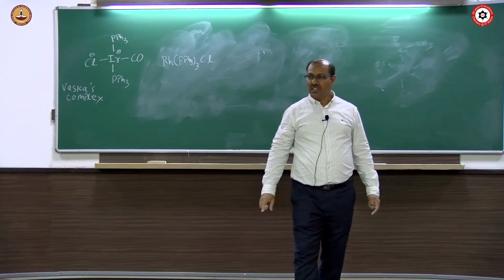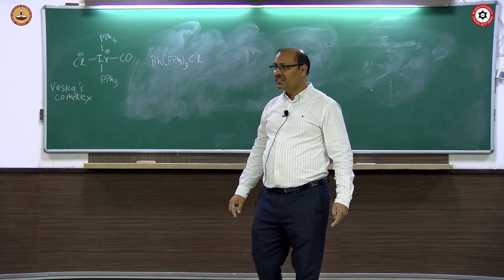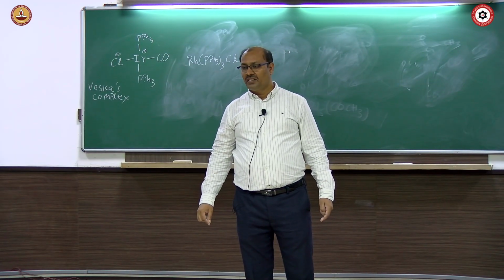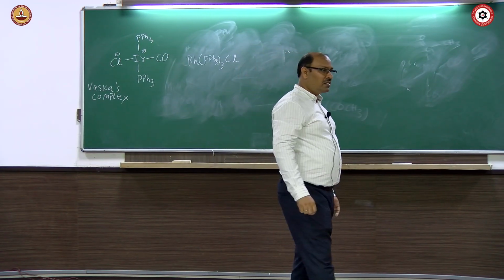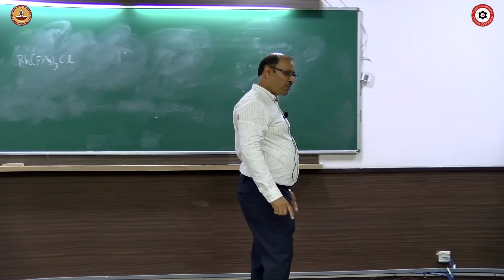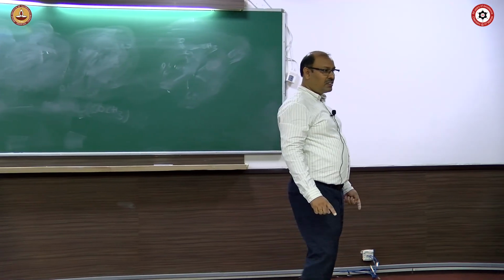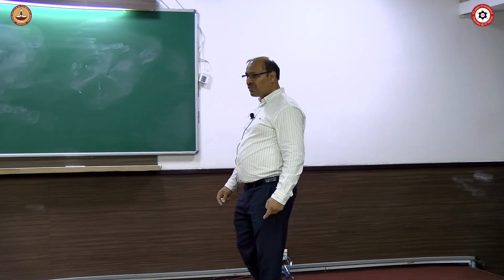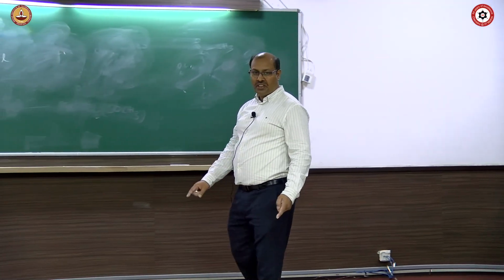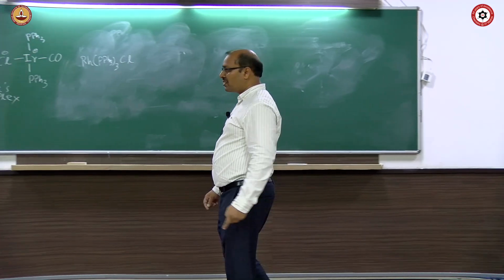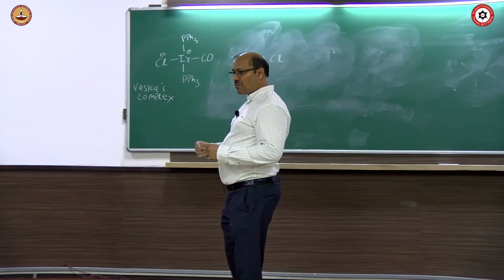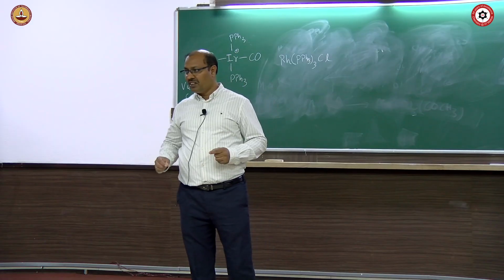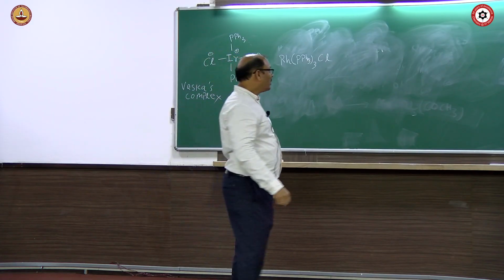This is used for what reaction? Hydrogenation is correct. Hydrogenation of alkene. So Wilkinson catalyst is used for hydrogenation of olefin, right? Olefin hydrogenation. For example, carbon-carbon double bond, CH2 double bond CH2 becomes CH3 by adding two hydrogen.